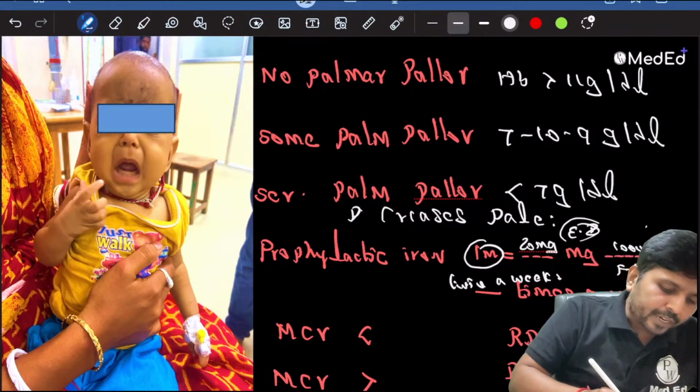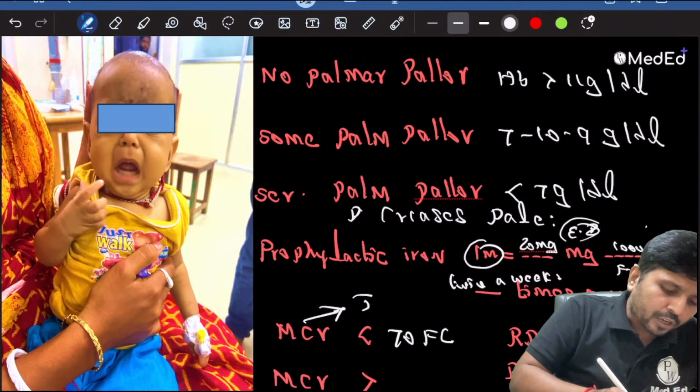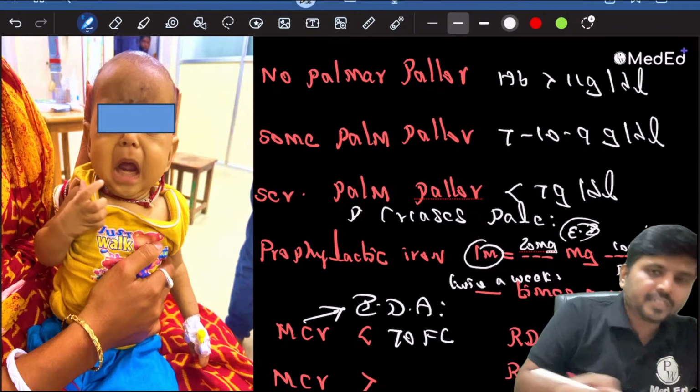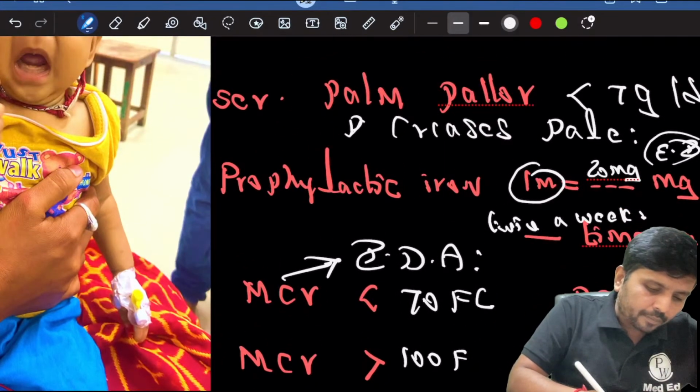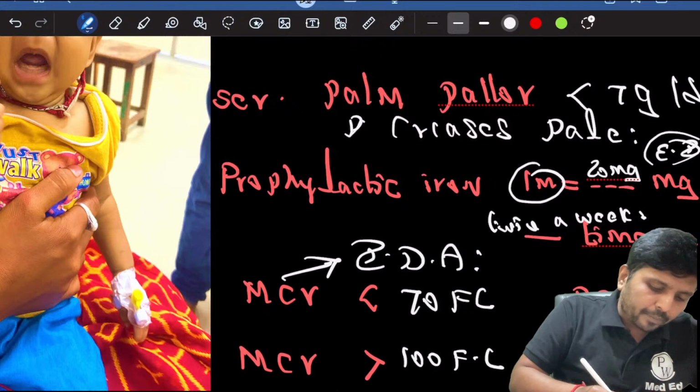Remember, microcytic anemia means MCV less than 70 femtoliters. The most common cause is iron deficiency anemia. MCV more than 100 femtoliters means it is usually macrocytic anemia. Most common is B12 deficiency.